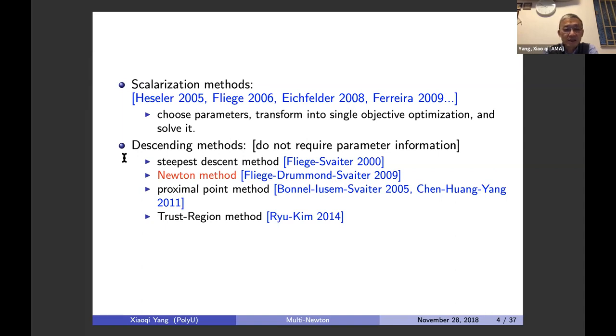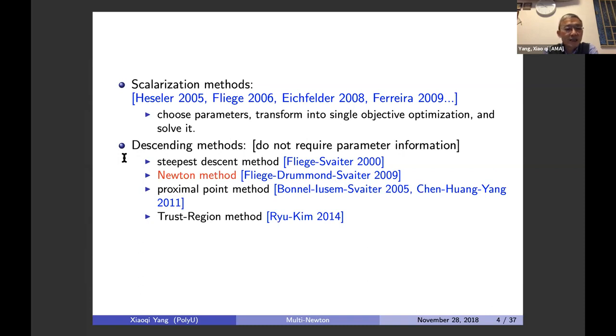Because in multi-objective optimization, one important issue is to find not just one Pareto optimal point, but the whole efficient frontier. In the context of the descent method, what we need to do is use different initial points. You start from different places, so that finally you can plot the whole efficient frontier.